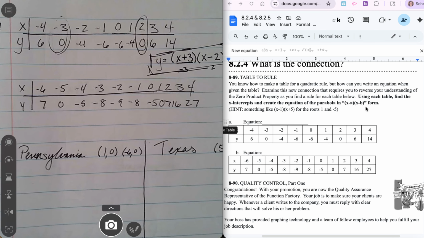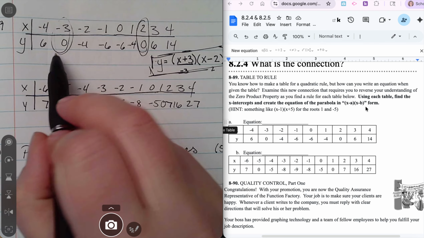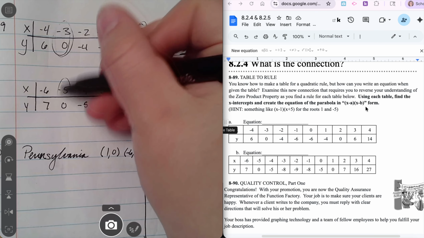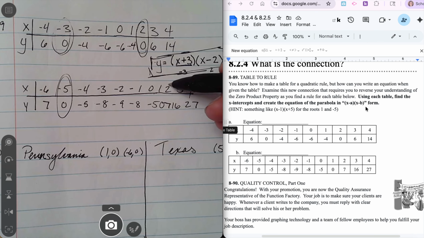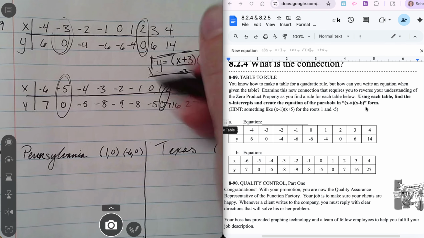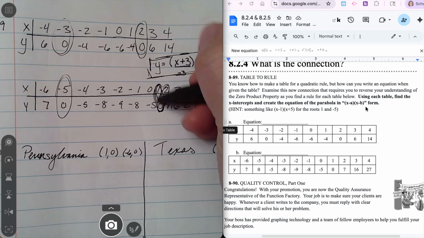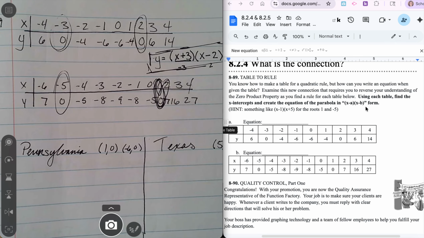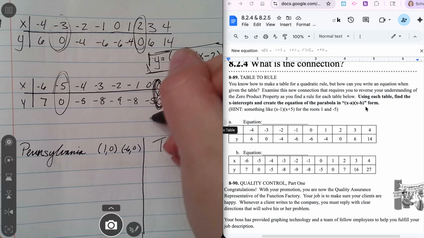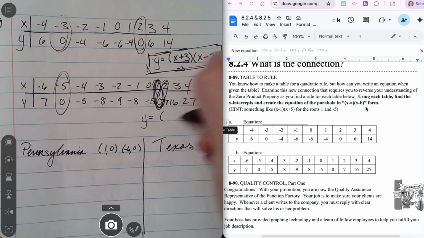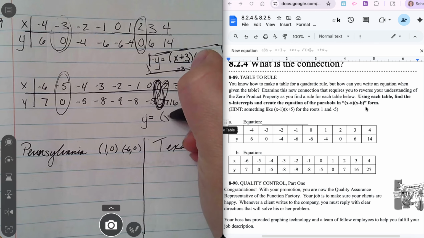So when you're looking ahead to part B, you're going to do the same thing. You're looking for your two x-intercepts. So I see them here and here, right? Oh, I'm off a box. 1, 0. And I'm going to use those to create my equation. So I'm going to say y equals 2 parentheses.